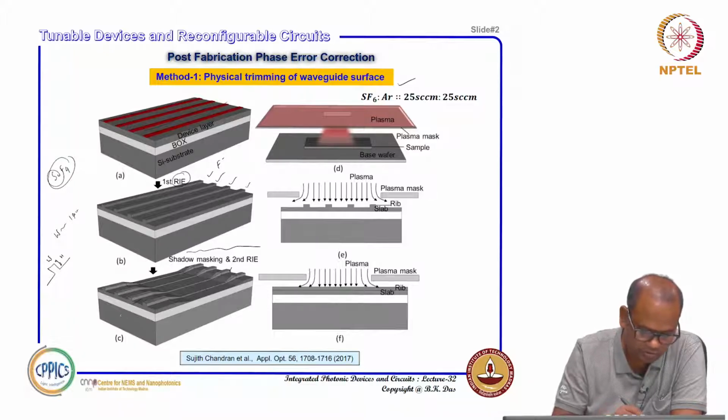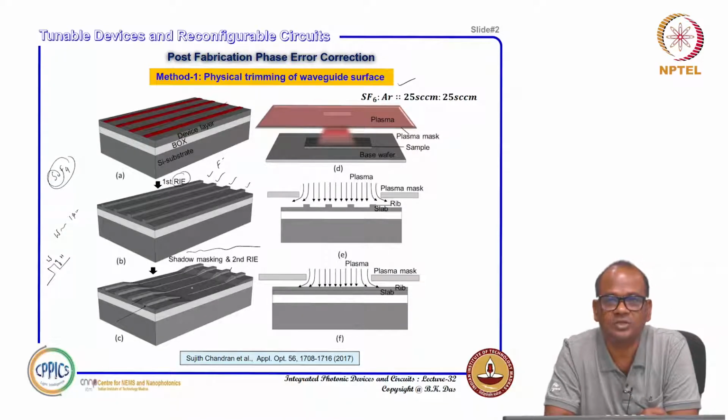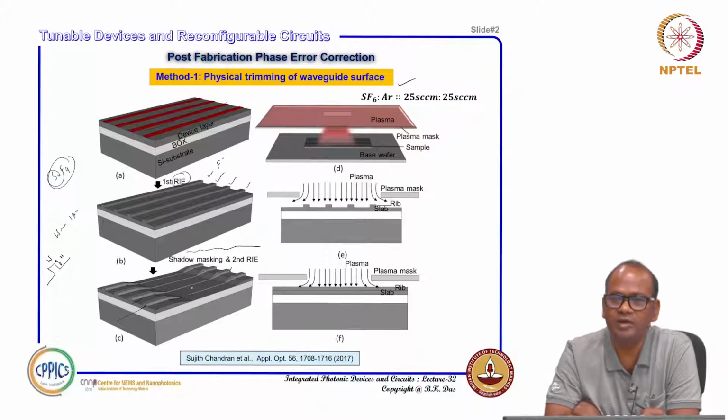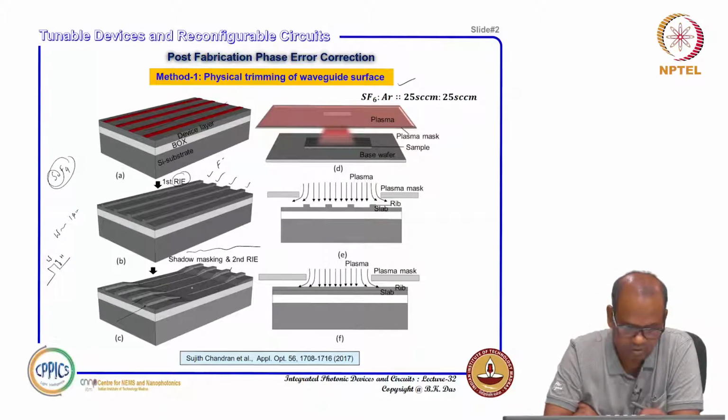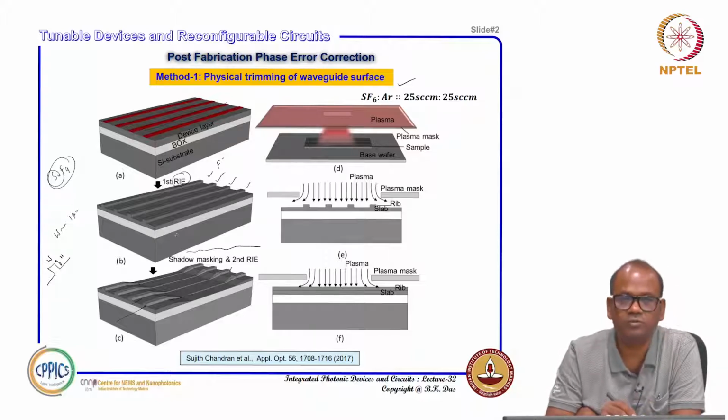So if you launch light from here, it is a larger waveguide cross section, and then adiabatically it will be coupled to lower dimension waveguide structures where you want to trim your refractive index or tune the phase and so on. So this is the whole concept. If we can do that, it could be very good.